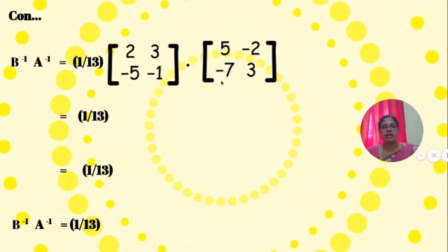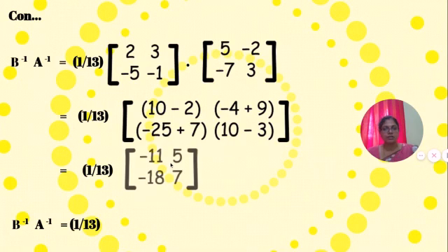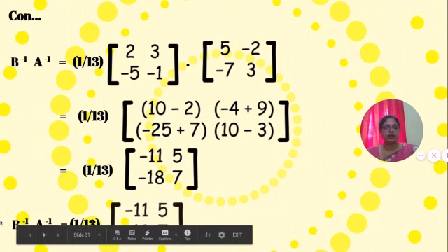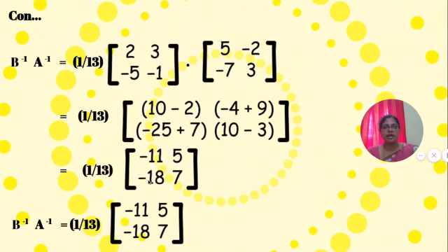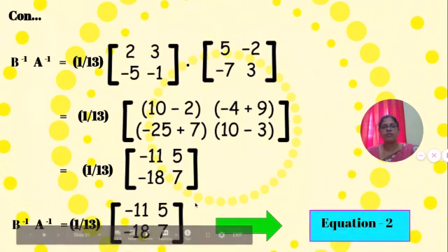Now we have to multiply the two matrices, rows with the columns, and we get this answer. So our B inverse into A inverse is equal to 1 by 13 into [[-11, 5], [-18, 7]]. I am taking it as equation 2.